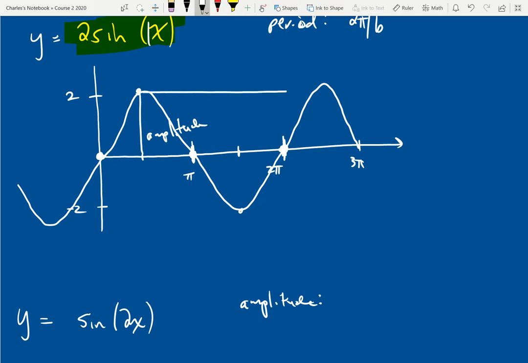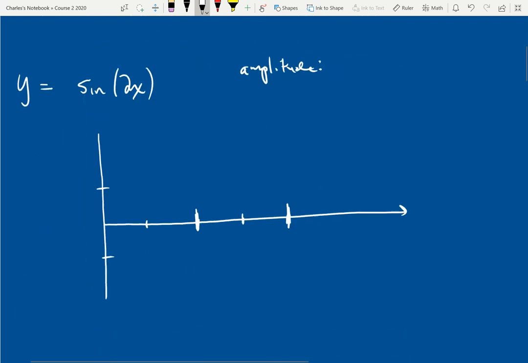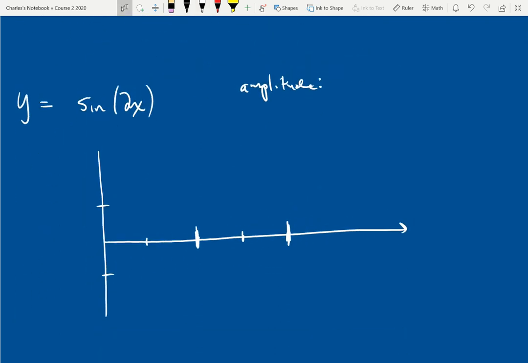The period you can think of as the distance between two peaks of the wave, or the amount of time it takes a wave to complete one full cycle. So the amplitude in this case is 1. The period is going to be 2 pi divided by that b value, which is 2. So my period is going to be pi.